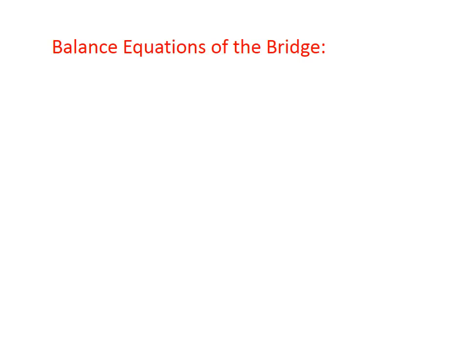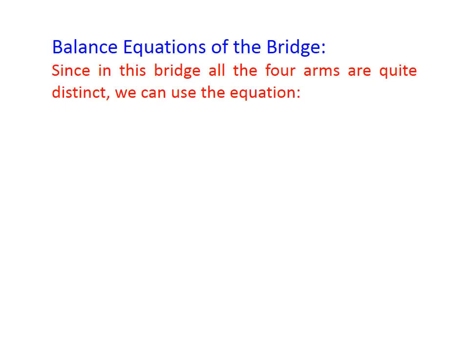Now, we will derive the balance equations for this bridge. Since in this bridge all the 4 arms are quite distinct, we can use the equation Z1 into Z4 equal to Z2 into Z3.